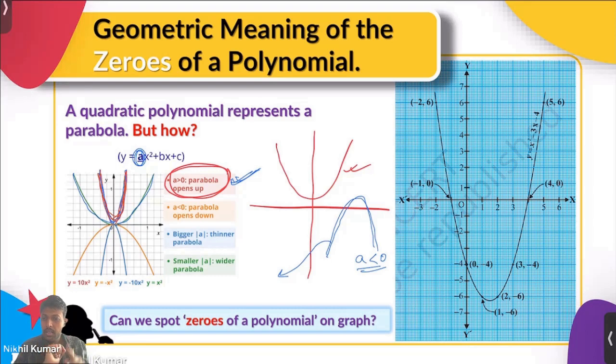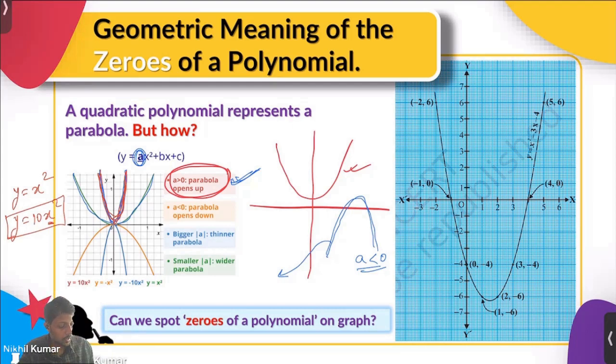Why bigger? It simply means that y, the value of y increases very fast. So let's try to compare y equal to x square and y equal to 10x square. Okay. A slight change in the value of x in the second equation will shoot up the value of y very rapidly.